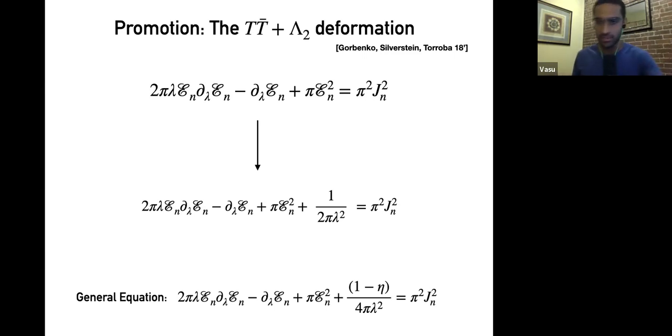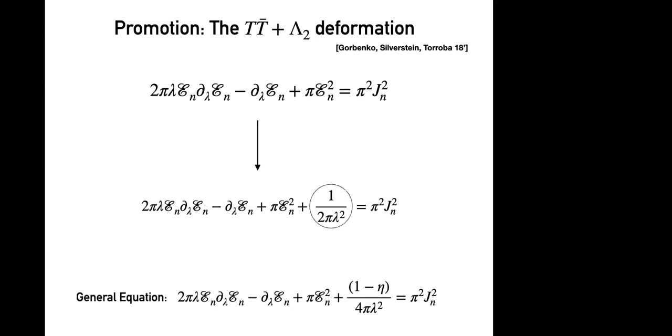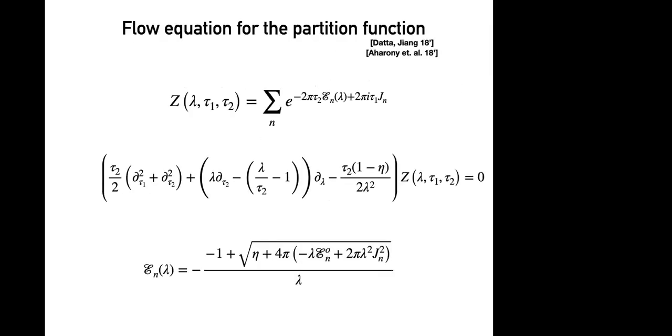If eta is -1, then it's what I get from the other deformation. Thank you. No problem. So you're going to work with eta equal to -1. Is that correct? Correct.